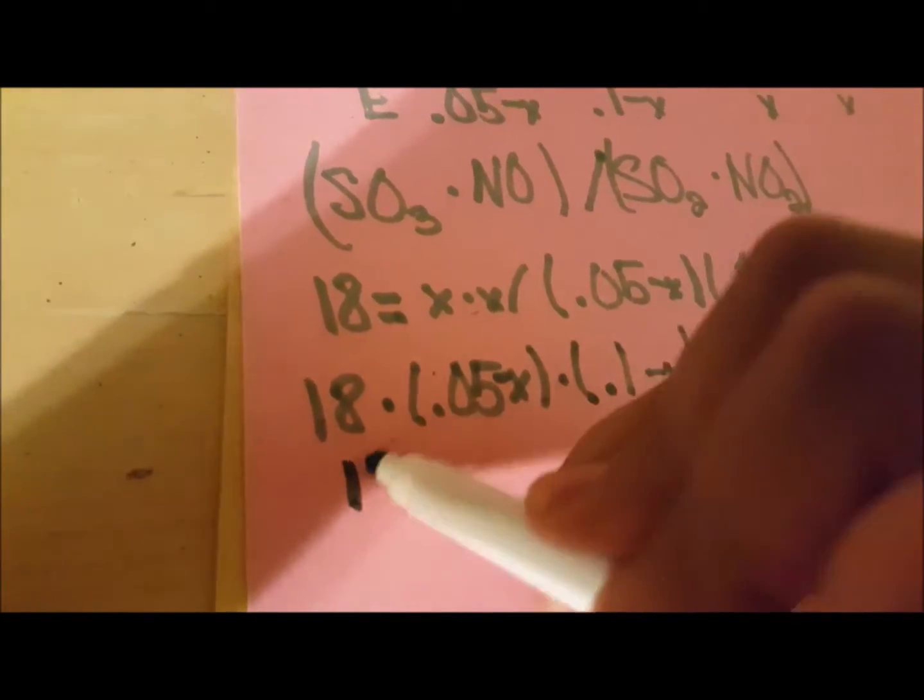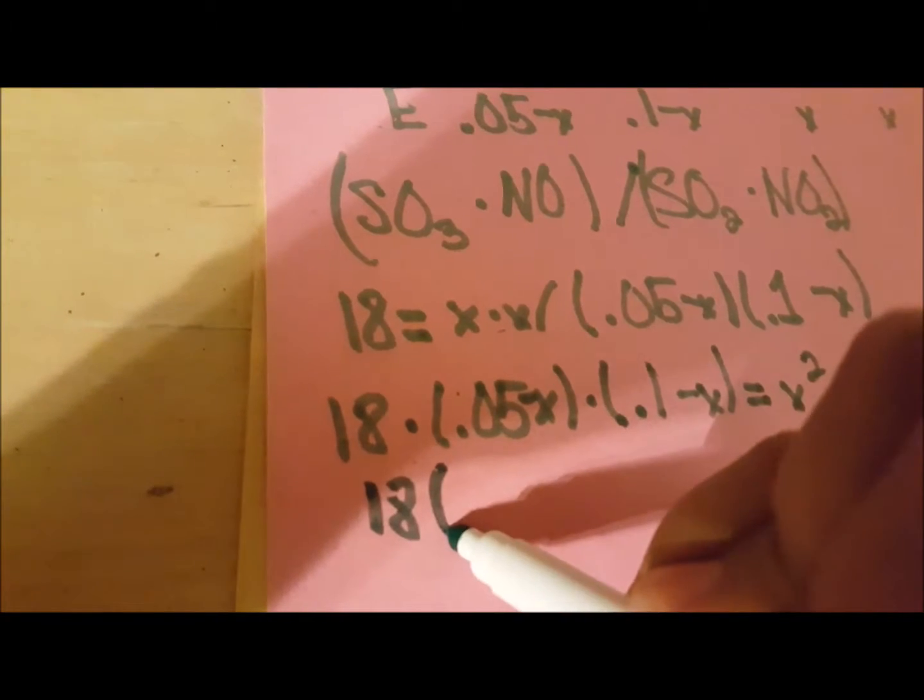From this, we can simplify it even further into 18 times 0.005 minus 0.15x plus x squared is equal to x squared.